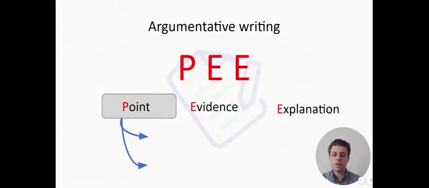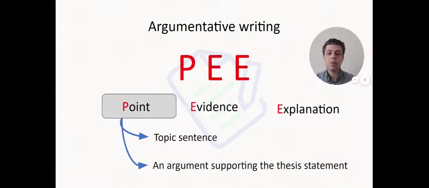What is the point? The point is the topic sentence of the body paragraph in our argumentative essay. And it is an argument supporting the thesis statement, the main argument of the paper, or in other words, the author's stance.